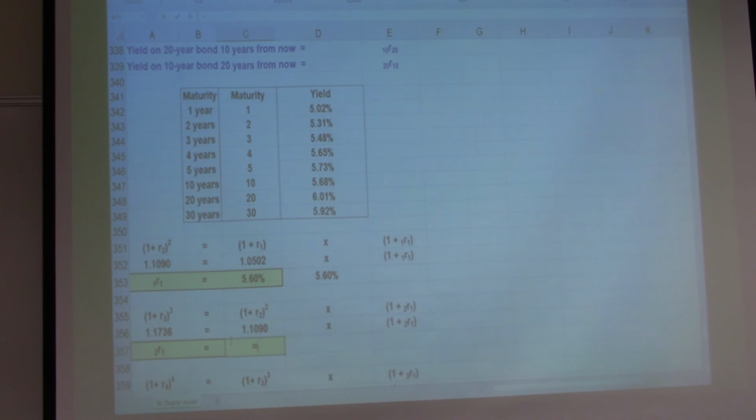Equals 1 plus 5.48% with the power of 3, plus 5.31% with the power of 2, subtract 1. Yeah, 5.82, or you can simply use 5.48% multiplied by 3 minus 5.31% multiplied by 2.